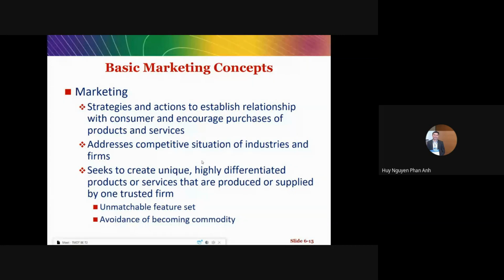And we also analyze the competitiveness with the other industry and firms. And we also create unique and highly differentiated products or services, and we can enhance the competitiveness in the market.